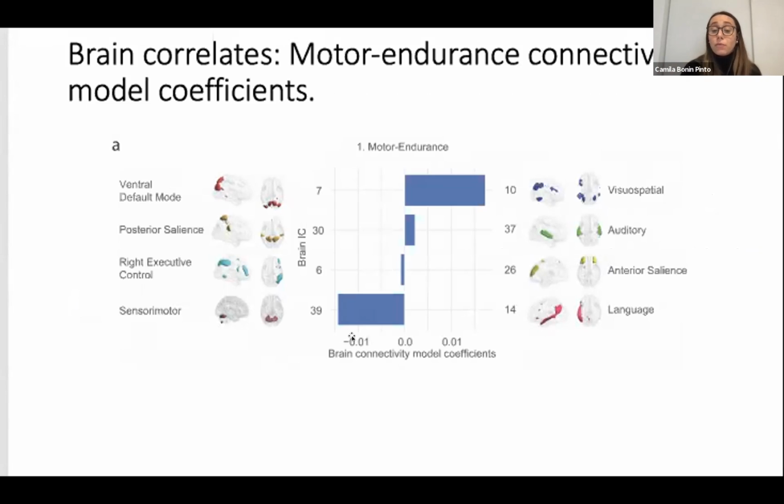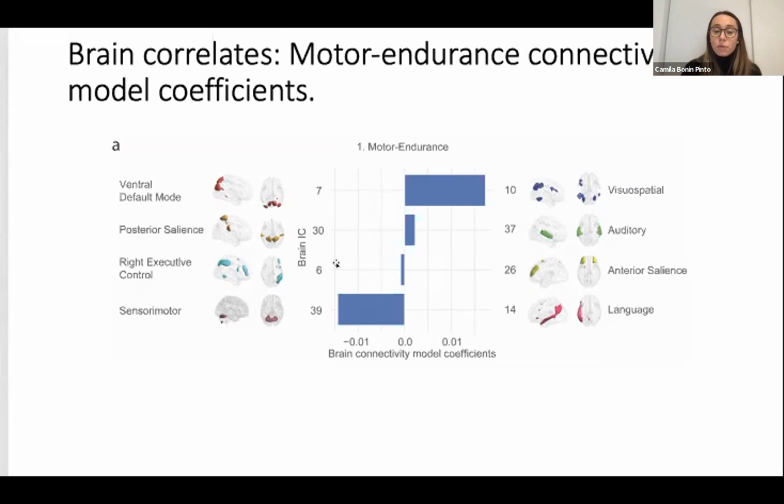We show here that four pairs of large brain network connectivity could predict performance in the motor endurance ability trait. In blue, we have the model coefficients, and this means that higher connectivity between the default mode network and the visual spatial network indicates a higher value of a specific participant in this ability trait.